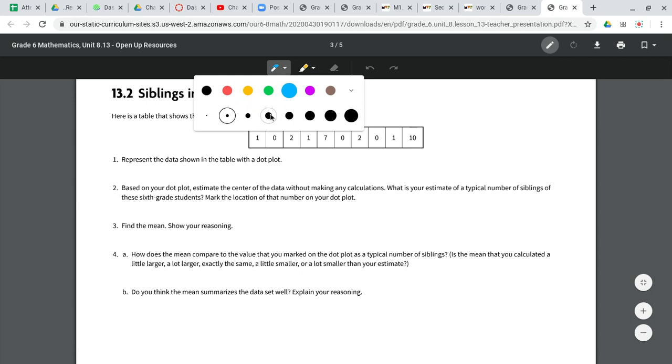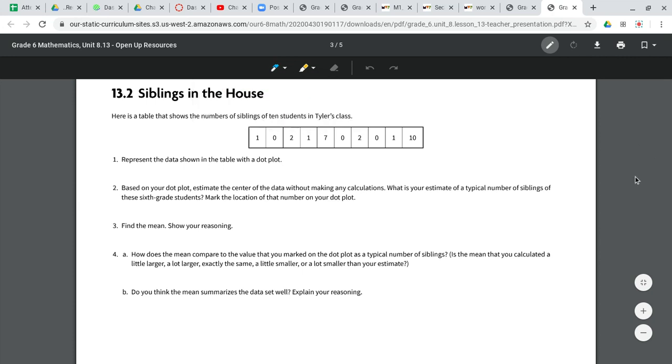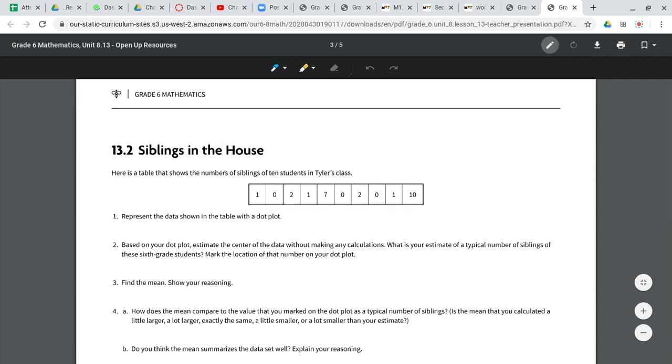So we're going to start by making our dot plot, and I'm going to make mine up here in this corner where I have a little bit more space. So all the way across there. So we've got our 0, 1, 2, 3, 4, 5, 6, 7, 8, 9, and 10.